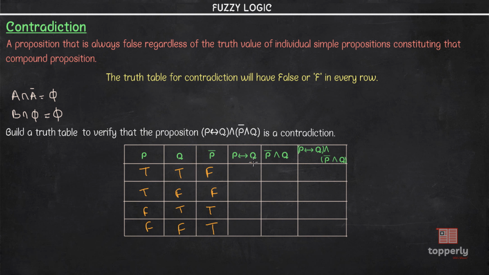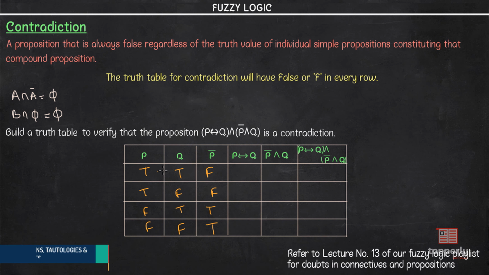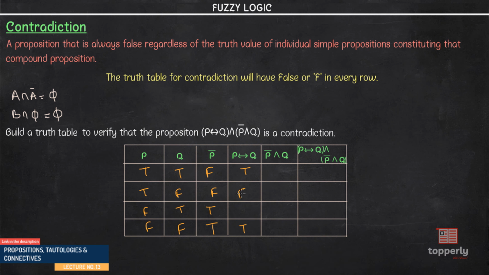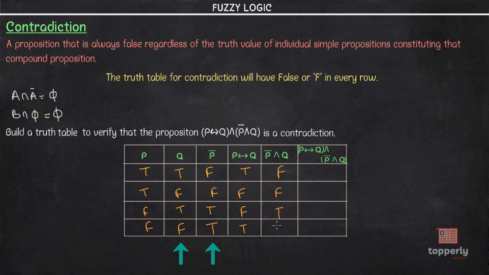For P equivalent to Q, if both are true and if both are false, it will be true. For the rest of the conditions, it will be false. Then for P bar conjunction Q, we have to take these two columns. So we have false, false and false will have false, true and true will have true, false and true will have false.